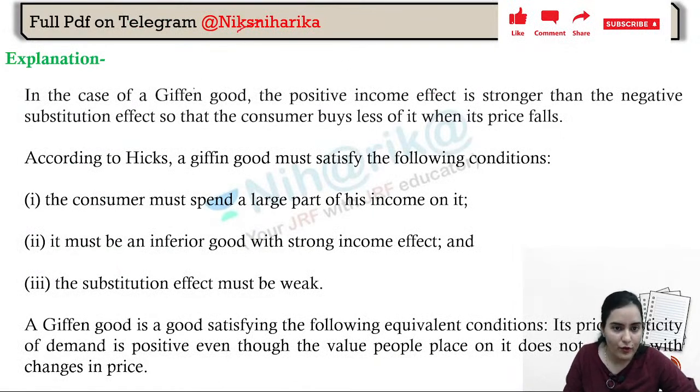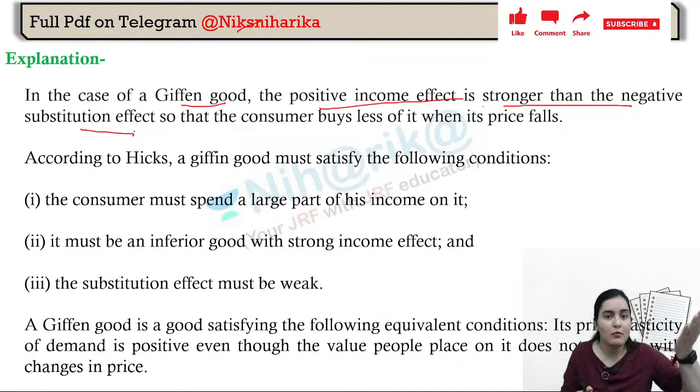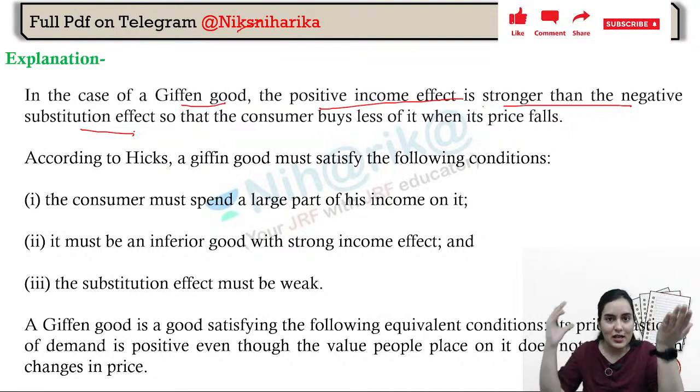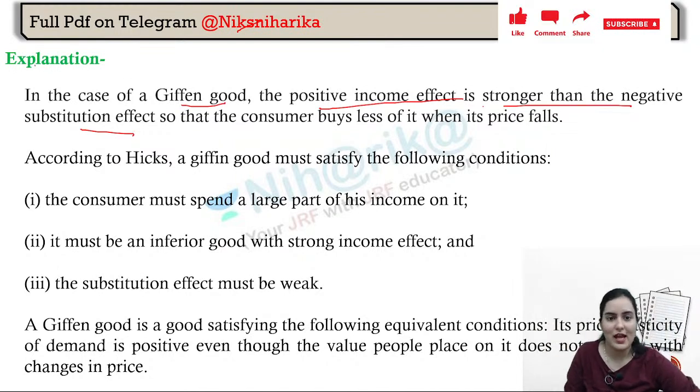In the case of the Giffen good, the positive income effect is stronger than the negative substitution effect. And in the case of inferior goods, the negative income effect plays a significant role, right? As the income or the price increases, the demand for the Giffen good will also increase. Example, meat and bread you have done.